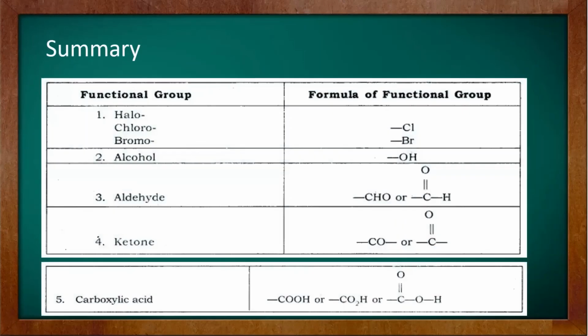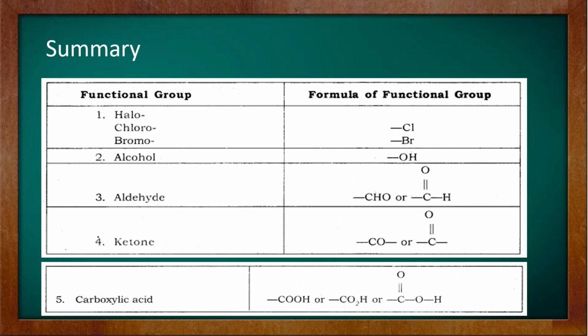So here I have a quick summary for you. As you can see, in the halo group, chloro and bromo are the functional groups and are written as Cl and Br. In alcohols, the OH group is the functional group, and in aldehyde, the CHO group is the functional group. As you can see in CHO, the oxygen atom is bonded with carbon with a double bond, and the hydrogen atom is bonded with carbon with a single bond.